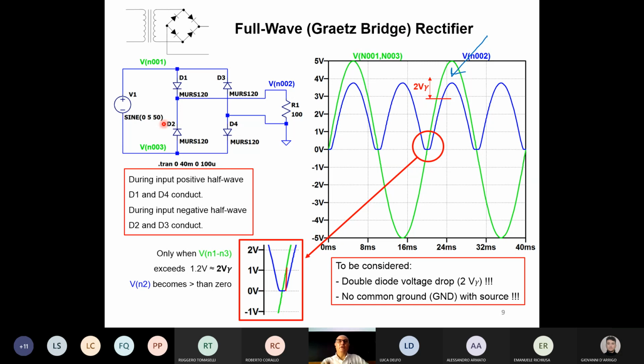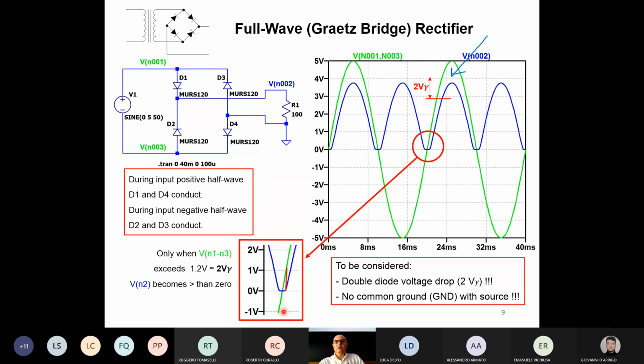Okay. There is also something that here is more evident than in the previous slides. The phenomenon that I'm going to talk about is also in the other rectifiers, but here, just due to the double voltage drop, is more evident. Let's zoom this part of the waves, and that is this part here.